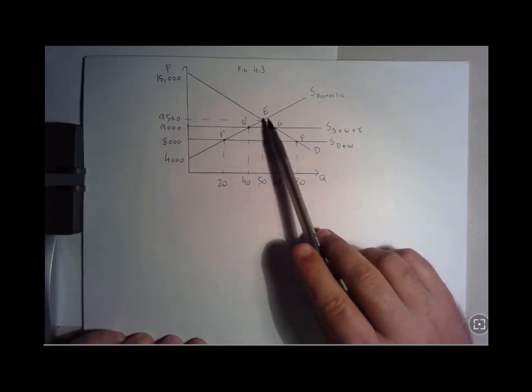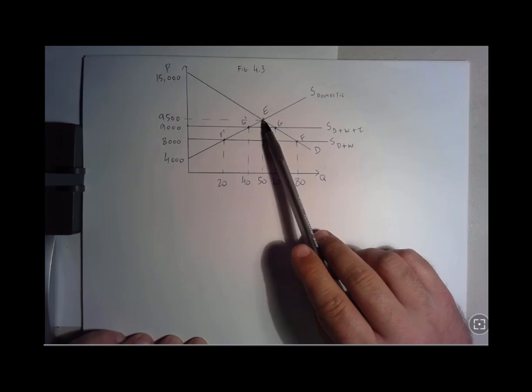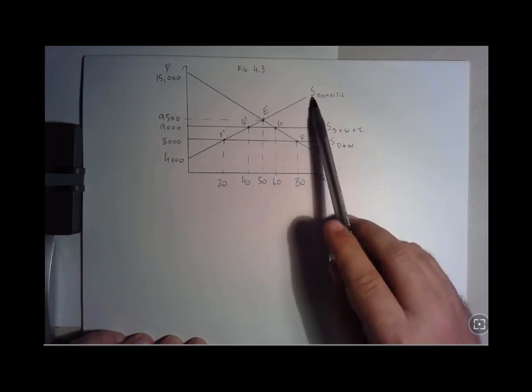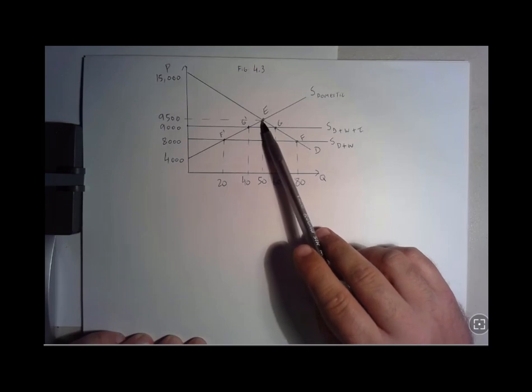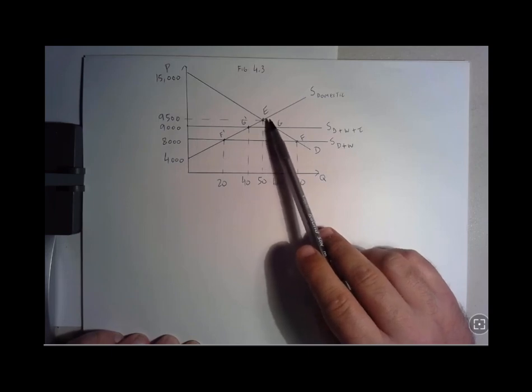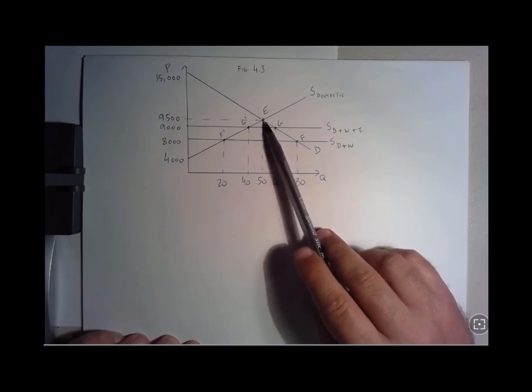Now, let's start with point E. Point E is the equilibrium when you consider just the domestic supply and the domestic demand with no international trade. So this will be the autarky scenario. Let's compute how much is the welfare of this nation if it's comprised just of this market, just of this product, in the case of a closed economy.